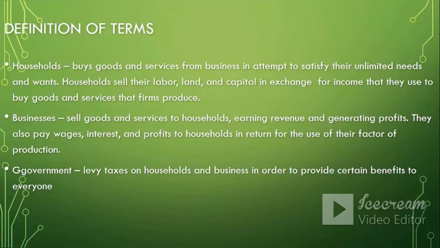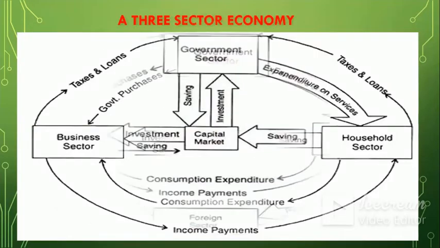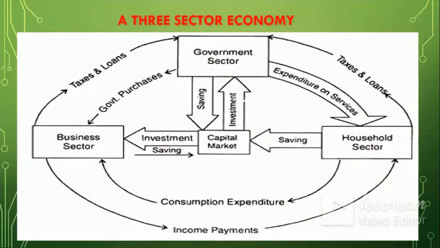So now we discuss the three-sector economy: the government, the household, and the business. From the two-sector economy in your microeconomics, I believe you already know the basic concept, right?